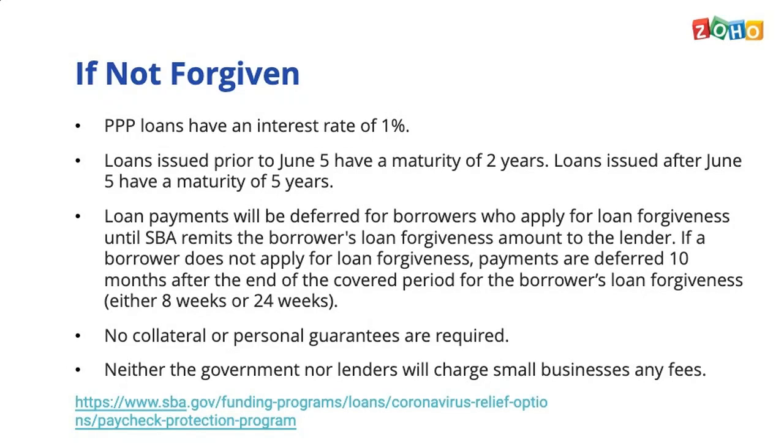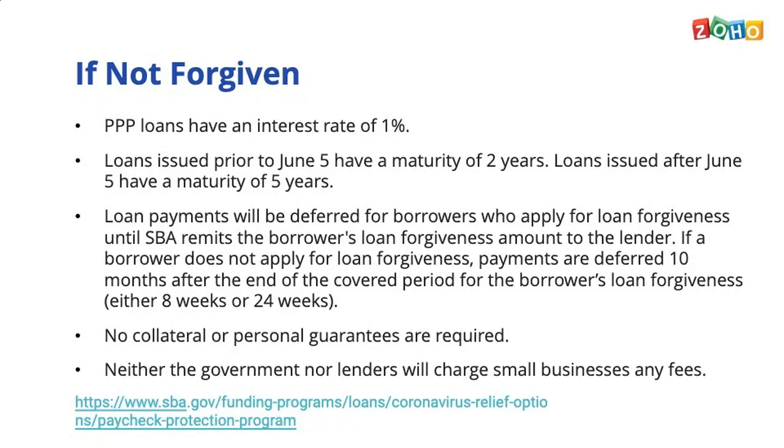And so if you remember, folks, if you got your loan before June 5th, 2020, you were in the 2-year camp. If you got it after that, you were in the 5-year camp for maturity date. But then there's a stipulation that says, however, if the borrower does not apply for loan forgiveness within 10 months after the last day of the borrower's loan forgiveness covered period, so 10 months from the end of your 8 or 24-week covered period, loan payments are no longer deferred, and the borrower must begin making payments on the loan.